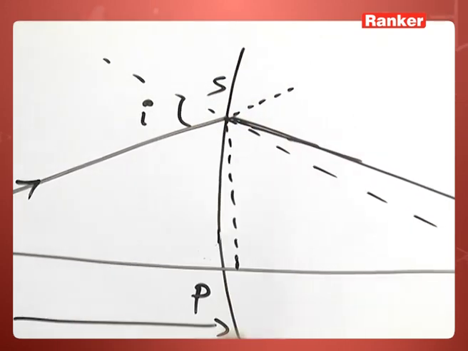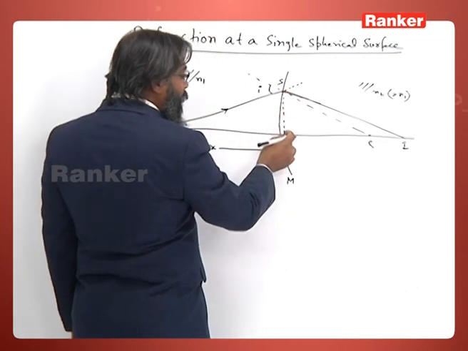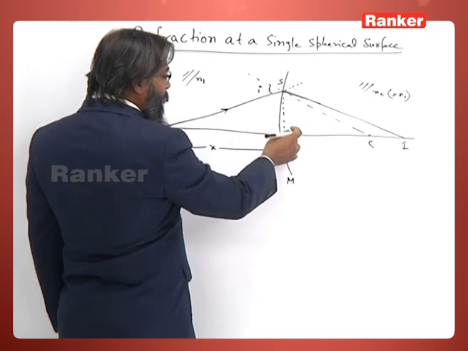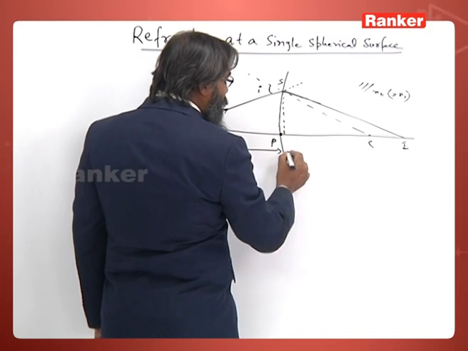This is so close that this point coincides with P. This is a paraxial angle. If this angle is small, then the perpendicular here coincides with P. So, all distances are actually measured from here.